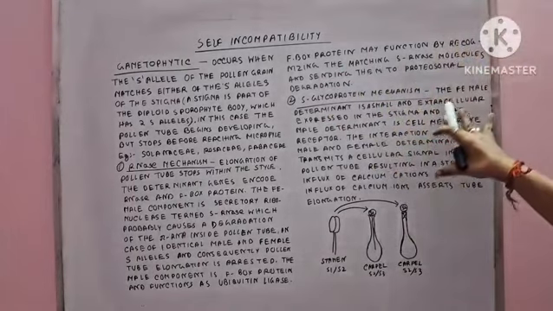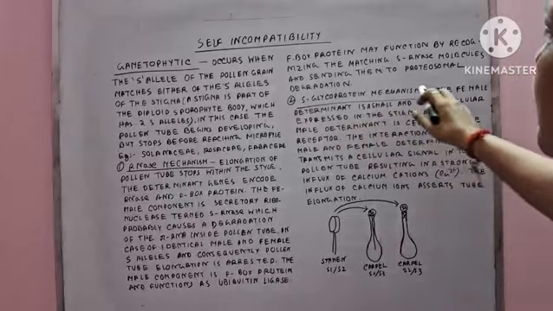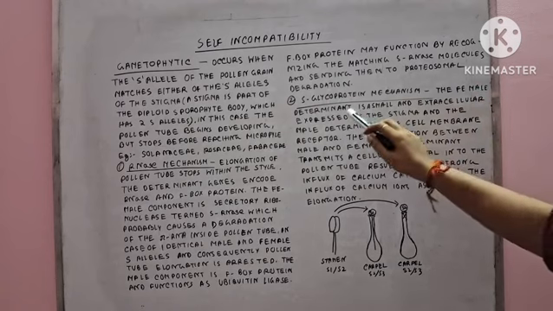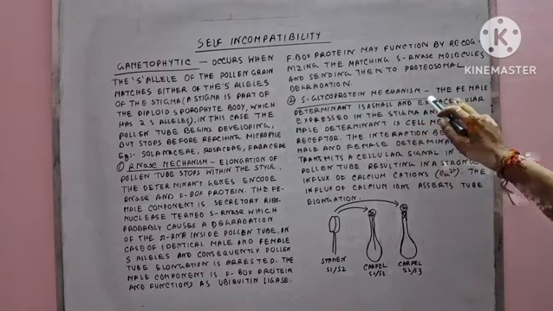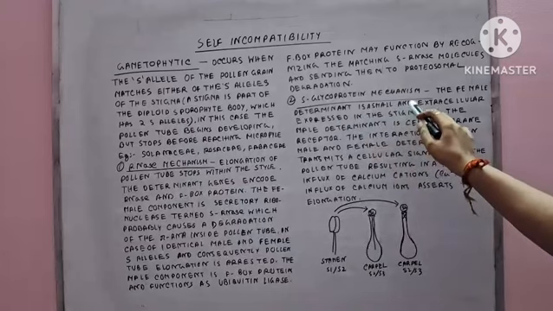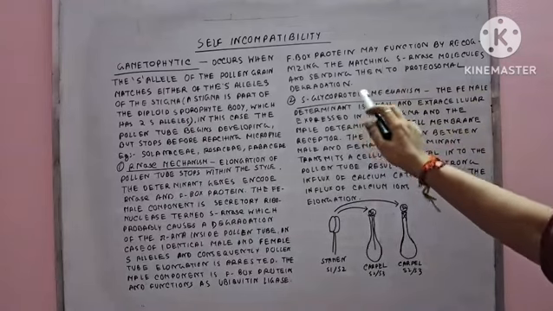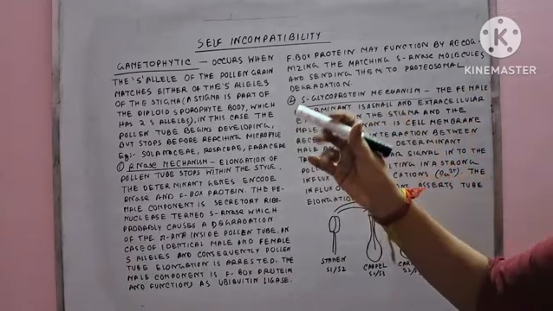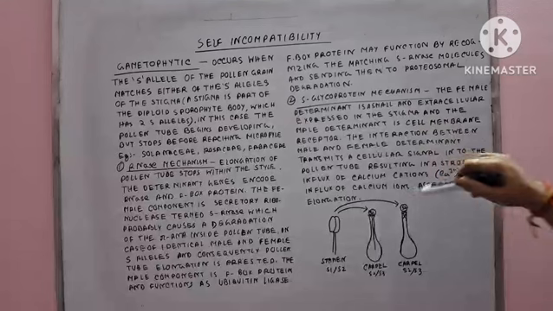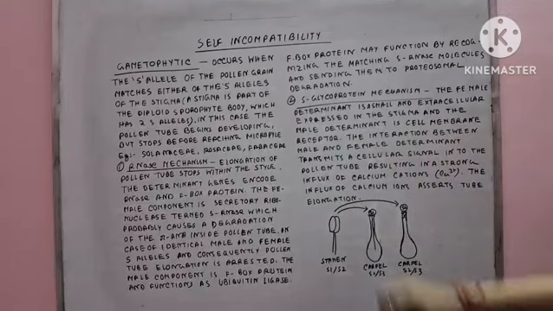The next condition is the S-glycoprotein mechanism. Here the female determinant is small, extracellular and expressed in the stigma, and it determines the S allele presence. The male determinant is a cell membrane receptor.